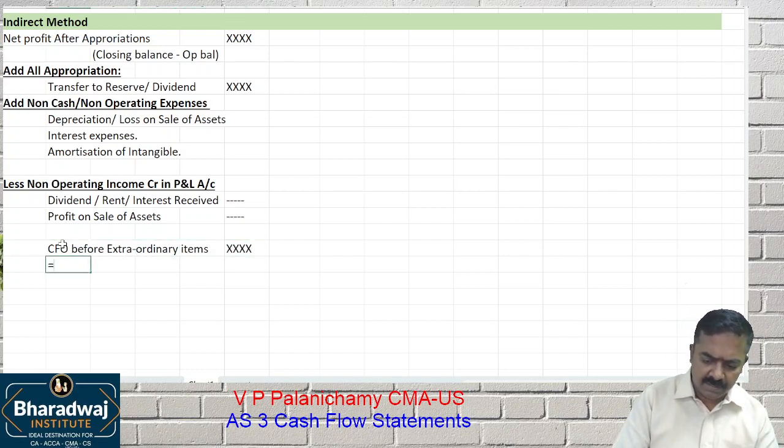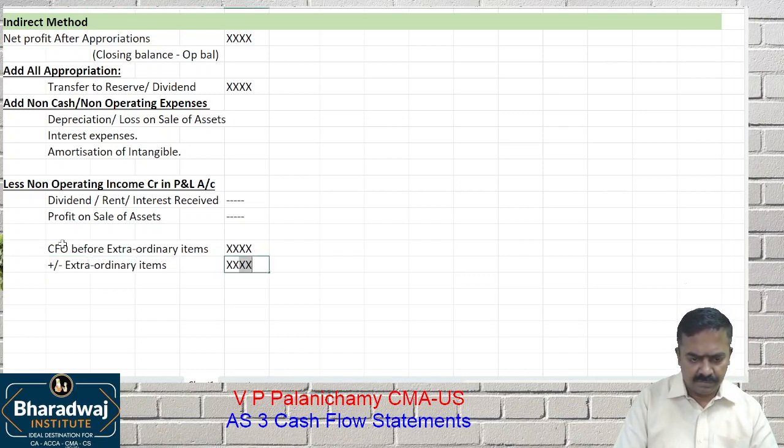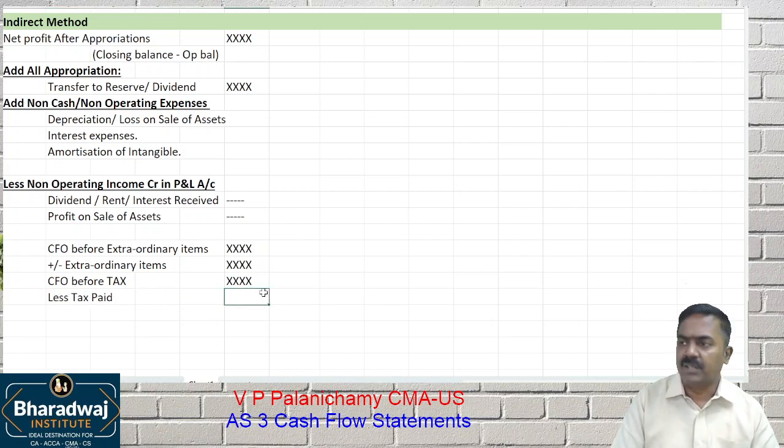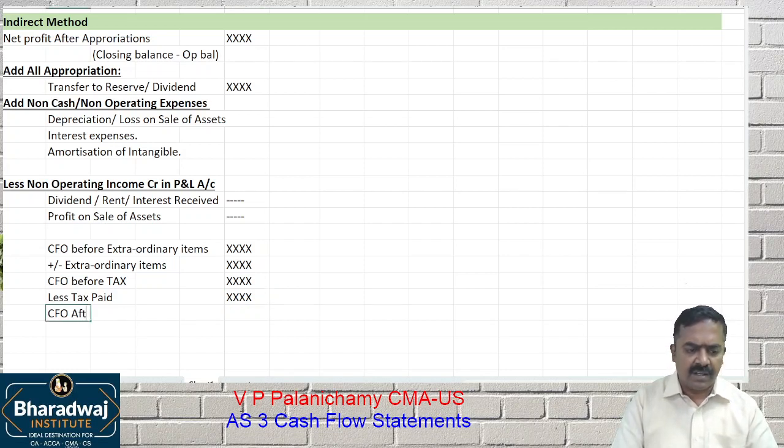Plus or minus extraordinary items, you will get CFO before tax. CFO before tax less tax paid will give us CFO after tax.